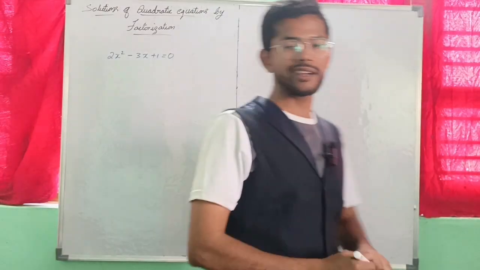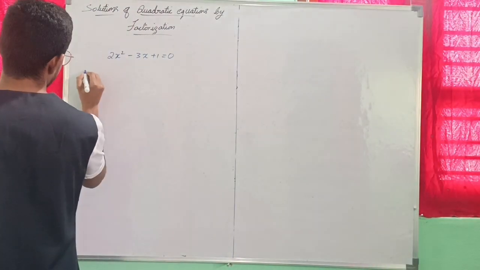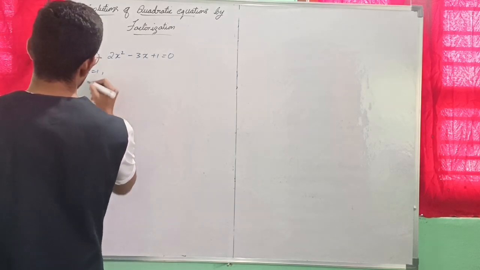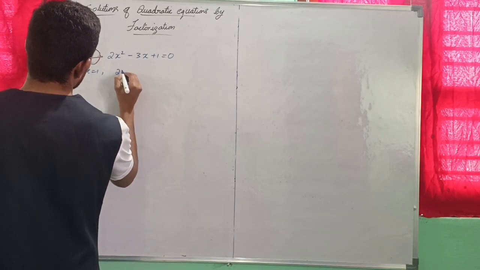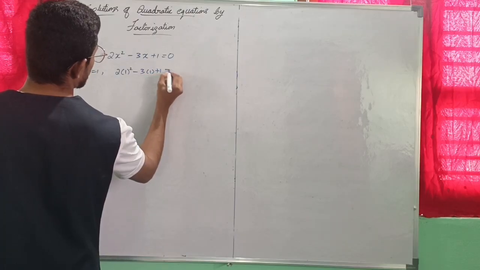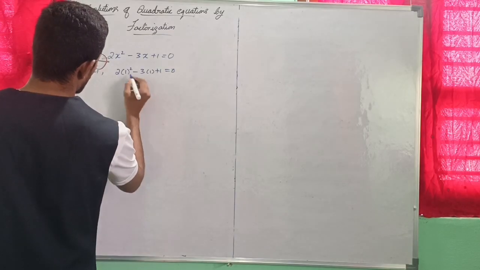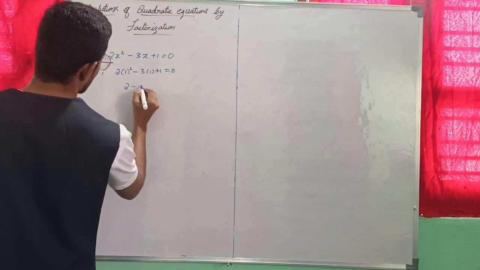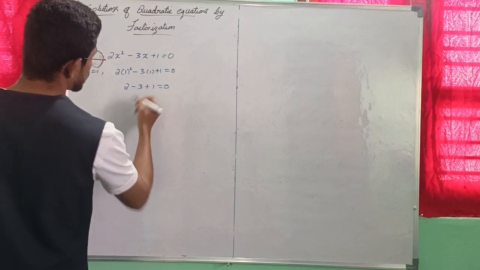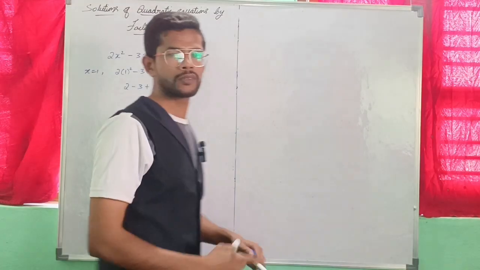When I take x equal to 1 for this quadratic equation and replace x by 1, we get 2 into 1 square minus 3 into 1 plus 1 is equal to 0. Now 1 square is 1, 1 into 2 is 2, minus 3 into 1 is 3, plus 1. 2 plus 1 is 3, minus 3 is 0, equal to 0.